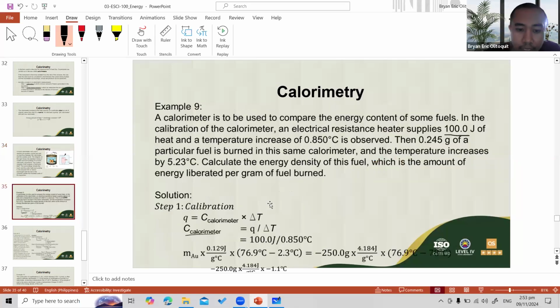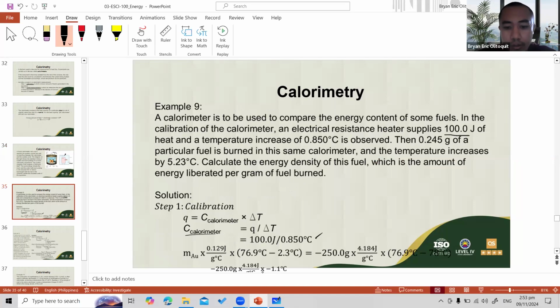Okay? So after you determine the calorimeter constant by dividing the known heat supplied by the change in temperature, ang makukuha natin dito is 100 divided by 0.850.